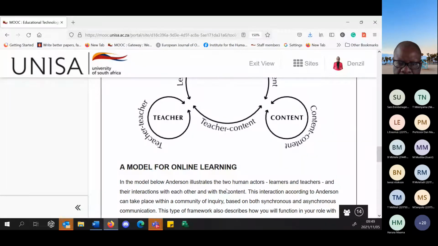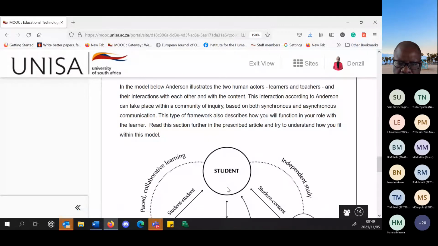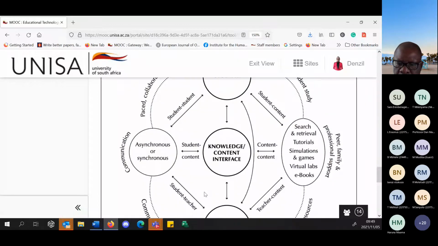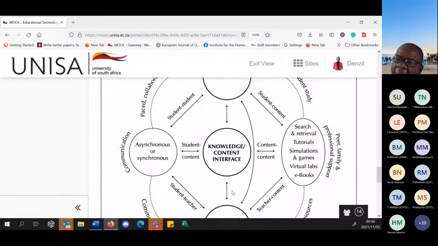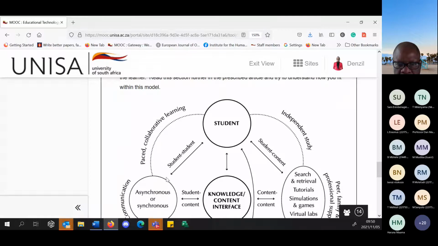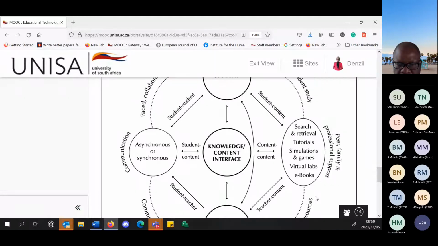The model for online learning, and here Anderson illustrates the human effects: the student, the knowledge content interactions, and the teacher. And this diagram is quite important, colleagues, because it talks about how this happens. So if we look at the student-student interaction with asynchronous, the student-content interaction of how they search and retrieve, the tutorial, simulation, virtual labs, ebooks, etc., and how the student engages with the content, asynchronous and synchronous.